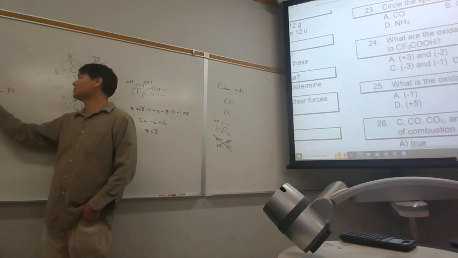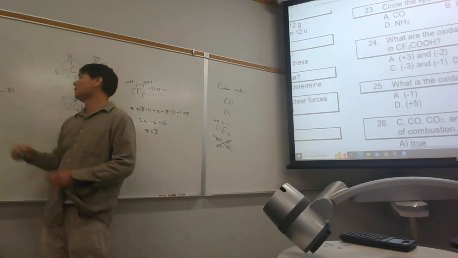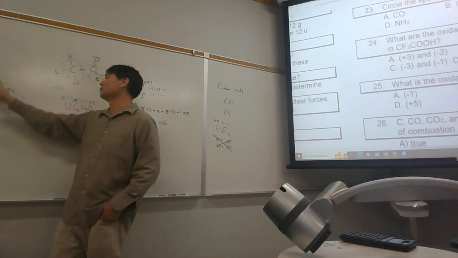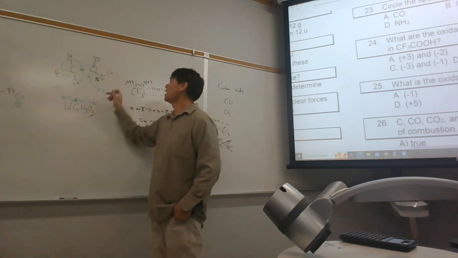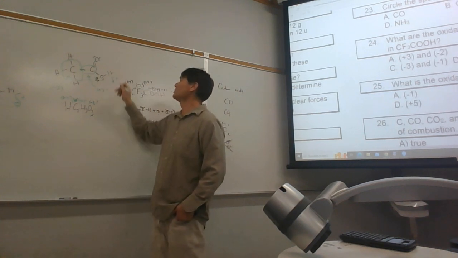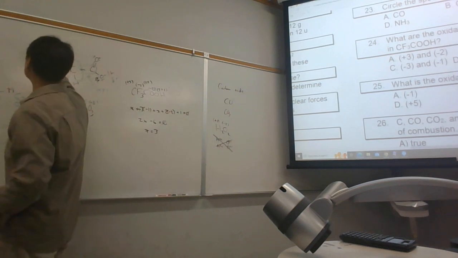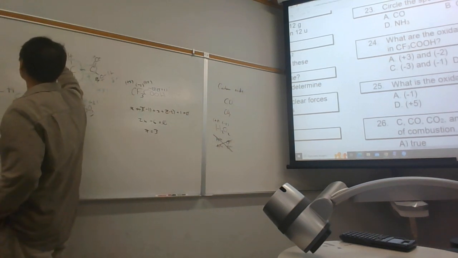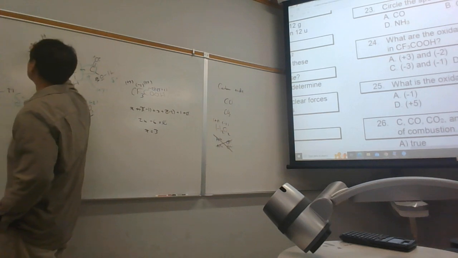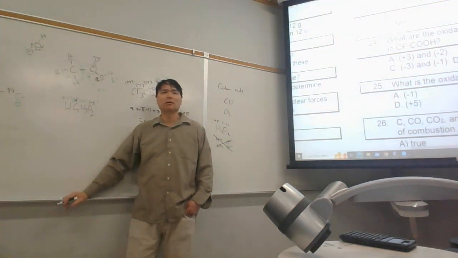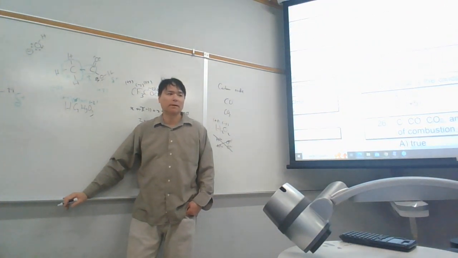Because if these two carbons are poor, it's going to suck the electron cloud towards it, making this hydrogen more positive. So this hydrogen has a much bigger delta plus on it, whereas this hydrogen has a smaller delta plus. If you're a base, like hydroxide, which delta plus are you going to be more attracted to? The bigger one. So hydroxide is going to attack this one, making this one a stronger acid than this one.